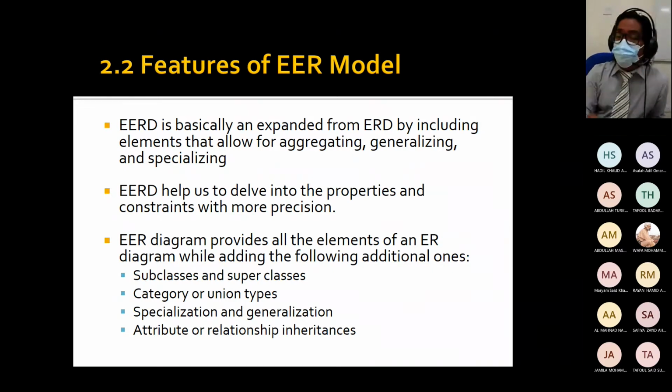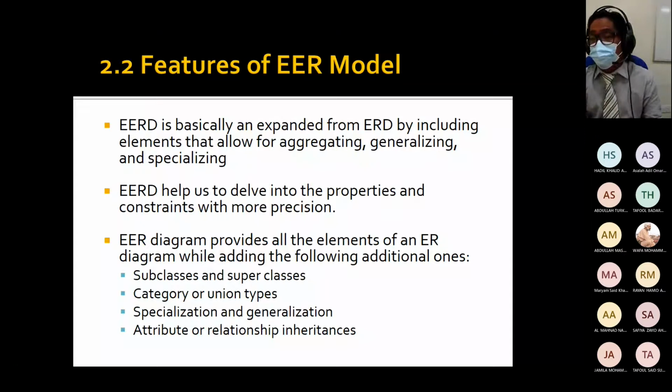It will give you precision of constraints for each of the properties or attributes. It's like you're now creating a database: you're providing a table, you're doing the columns, you're giving the data types, the sizes, and some constraints.